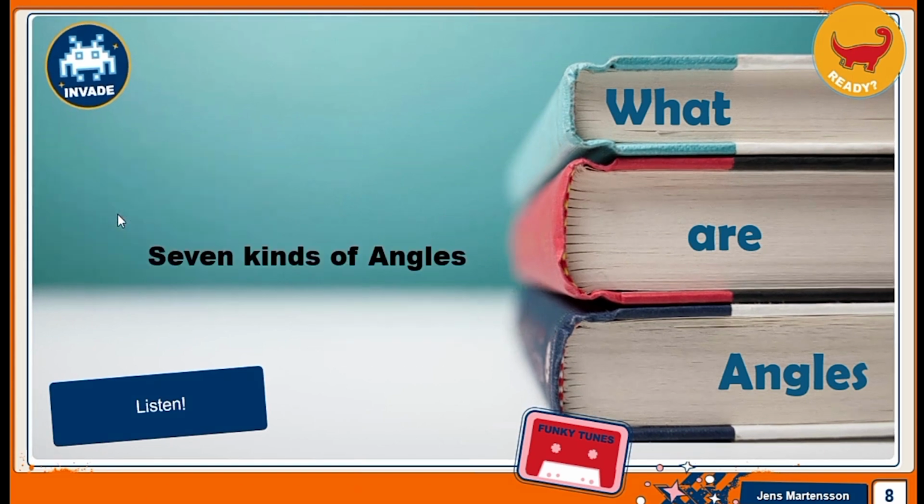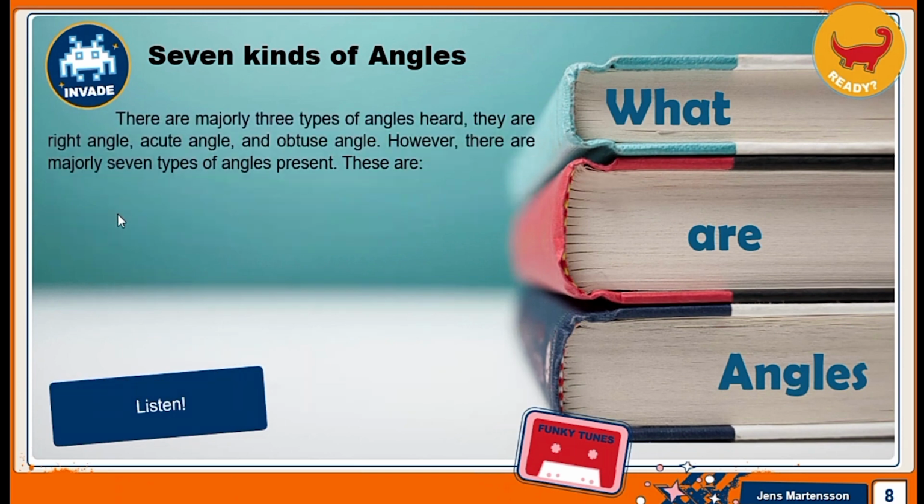So, we have here the seven kinds of angles. There are majorly three types of angles here. At first, I thought we only had the right angle, acute angle, and obtuse angle. So, there are actually seven kinds of angles, and we will discuss them.